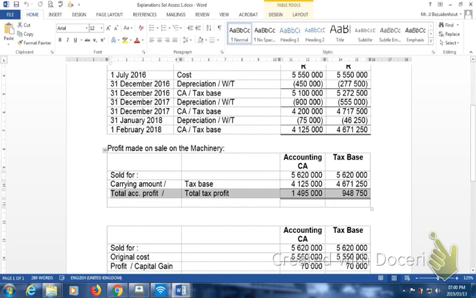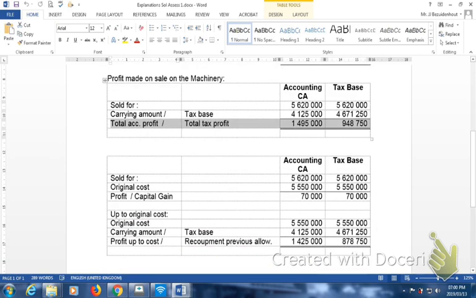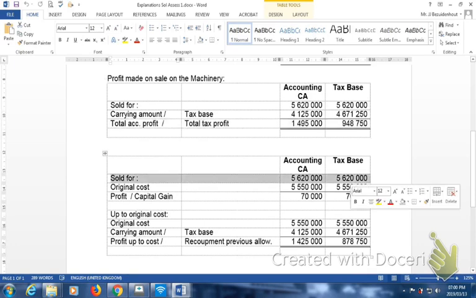Now this isn't where we're going to stop, because you must remember that in this case, this asset was sold for $5,620,000, which is above original cost. And for that reason, you have now made a capital gain, which is accounting-wise this 70,000, and tax-wise also a capital gain of 70,000.